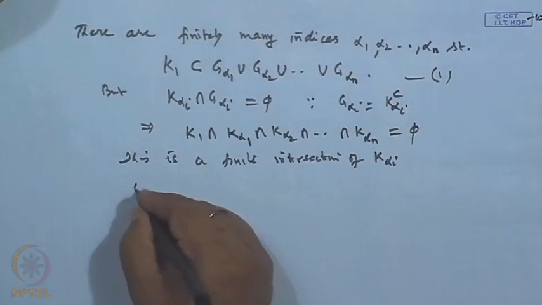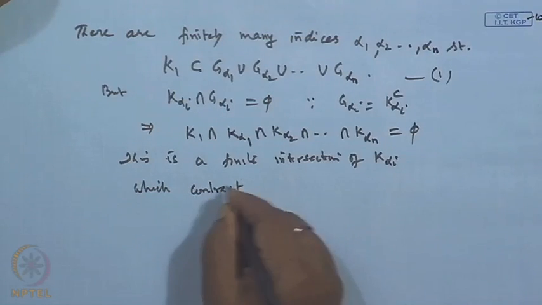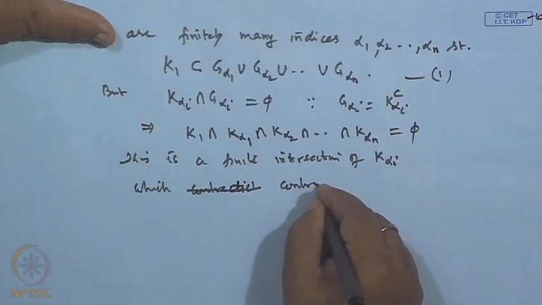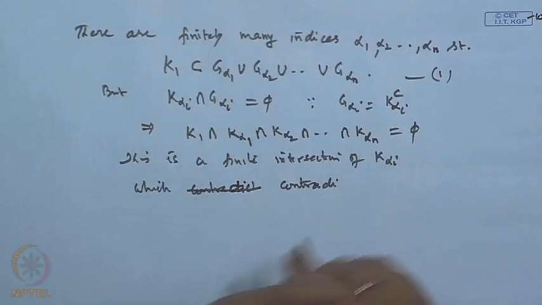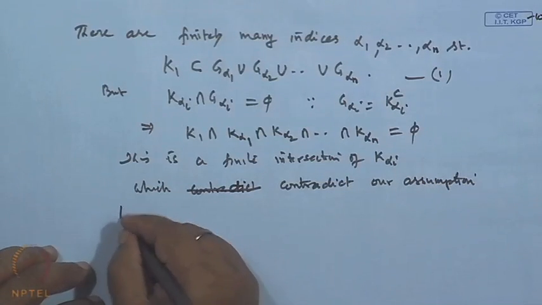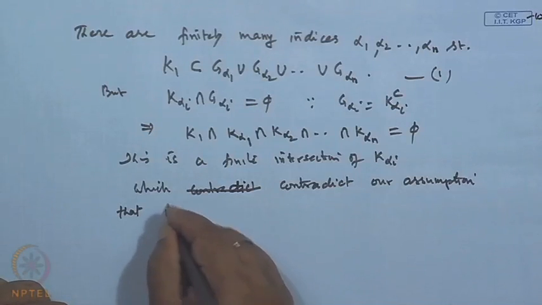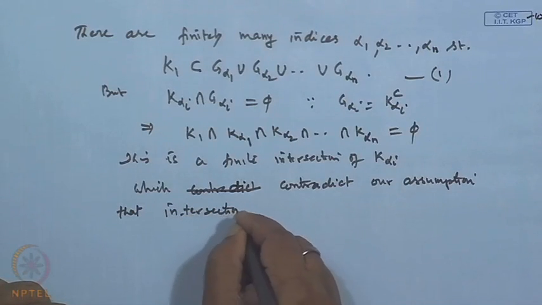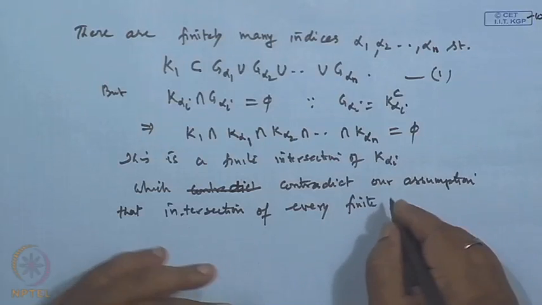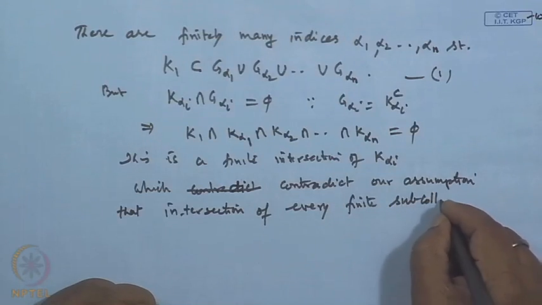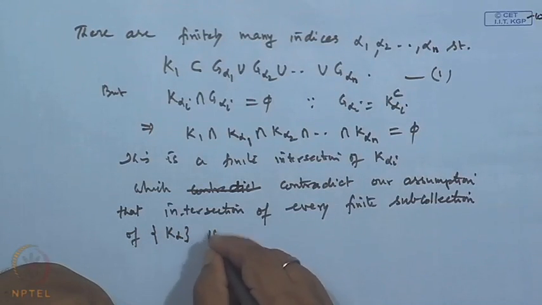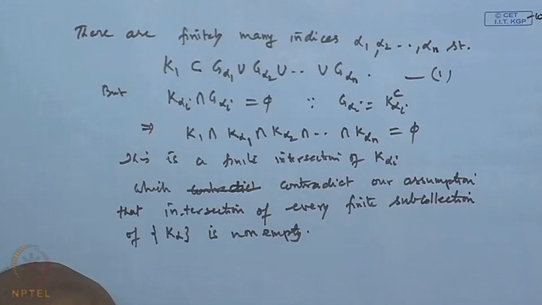So, this contradicts our assumption that the intersection of every finite subcollection of K alphas is non-empty, because it is coming out to be empty.